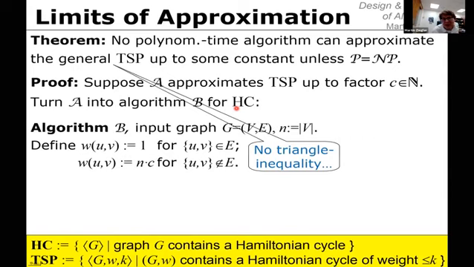And whenever there's an edge absent, an edge from u to v, let's say, then we're still going to include that edge. We're artificially adding that edge, but we're going to make it very expensive. We're going to set the weight for that edge to be n times c, where c is that hypothetical approximation factor, and n is the number of vertices. And let me emphasize that again. Our algorithm B will modify the input graph.